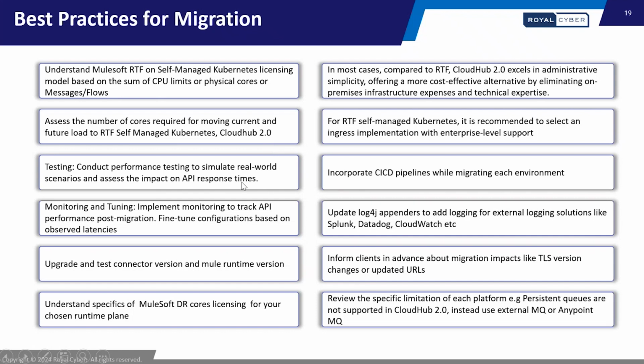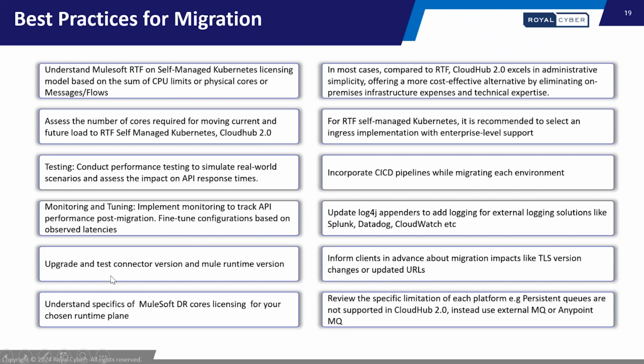We need to conduct performance testing to simulate real-world scenarios and assess the impact on API response times. For monitoring and tuning, we need to implement monitoring to track API performance post-migration, and fine-tune configuration based on observed latencies.